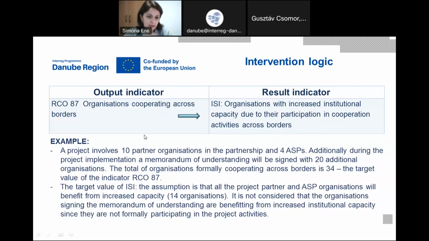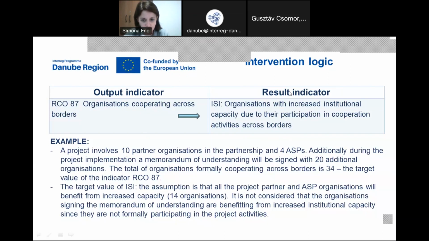The result indicator linked to this output indicator is organizations with increased institutional capacity. In these organizations, we are going to consider only the partners and the ASPs. And therefore, the target value for this result indicator in this situation will be 14 because we have 10 partners and 4 ASPs institutions.